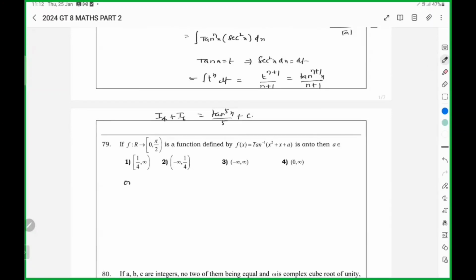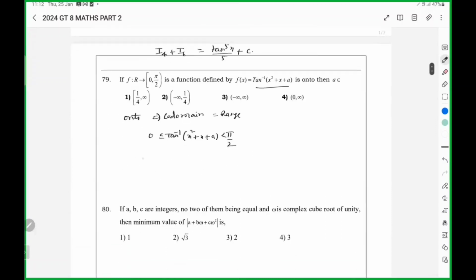Here, once the function is onto the codomain, the codomain is the range. So range means function values. Tan inverse x plus a must lie between this. Since tan inverse is an increasing function, we write infinity. That means this is the middle one, the quadratic expression.